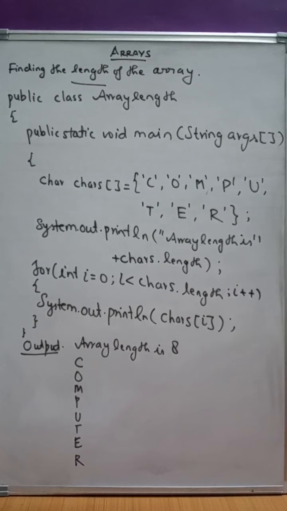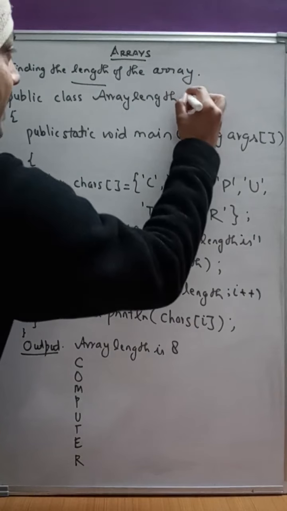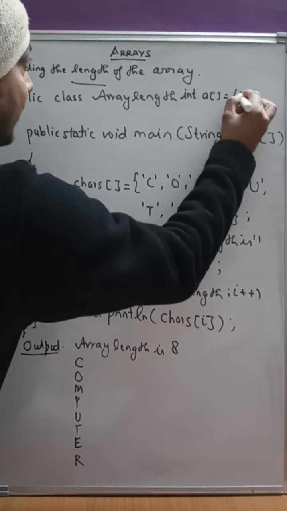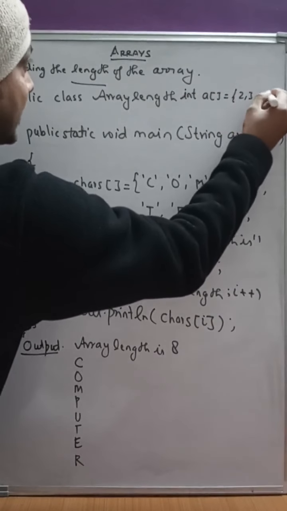Now the question arises: what do we mean by the length of the array? The number of elements present in the array is the length of the array. Suppose I have an array int a, and in that we have 2, 3 and 4, so 3 elements are there.